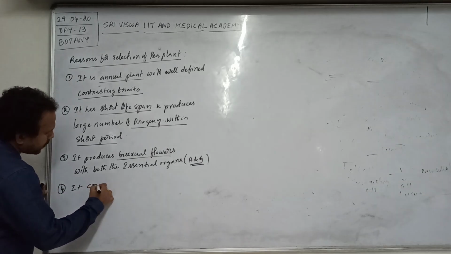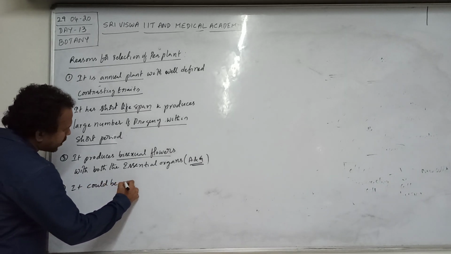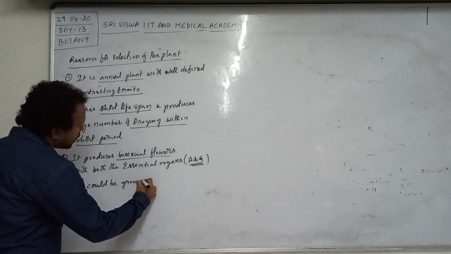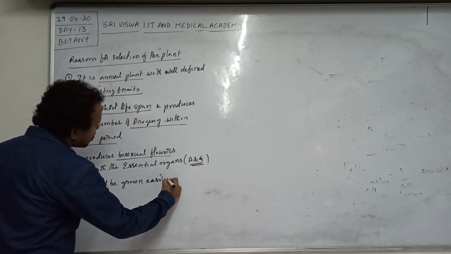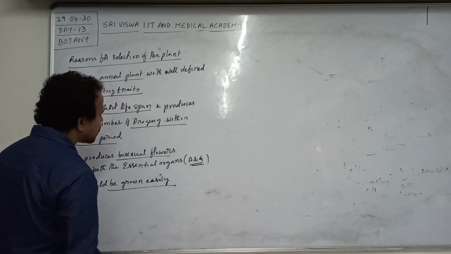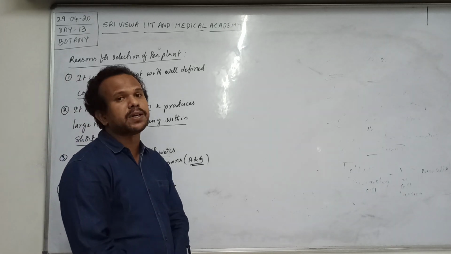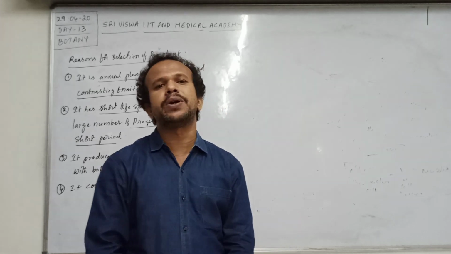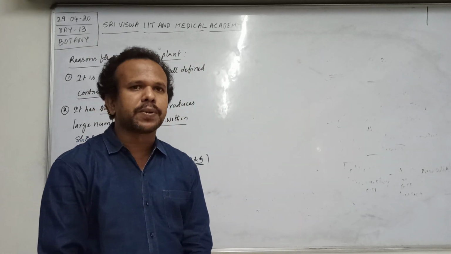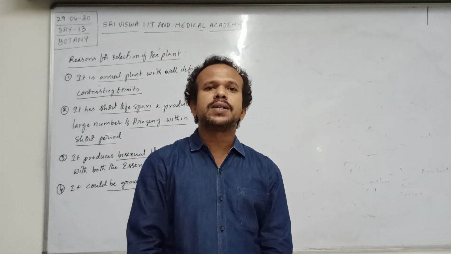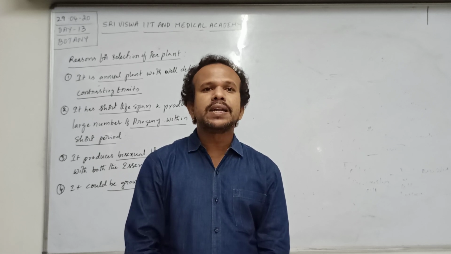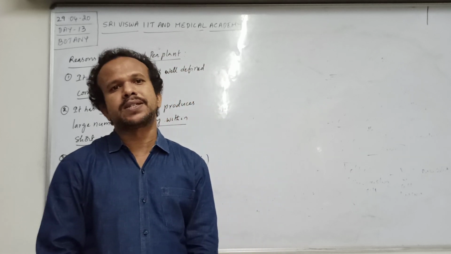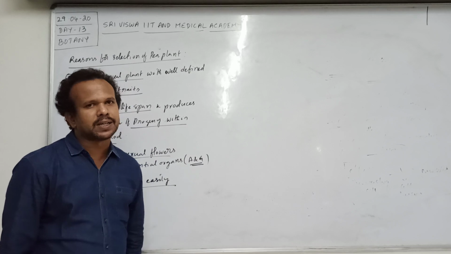Then one more very important feature. It could be grown easily. I mean simply the cultivation or culturing of pea plant is very simple, very easy. It is able to grow under any kind of circumstances, under any kind of environment.